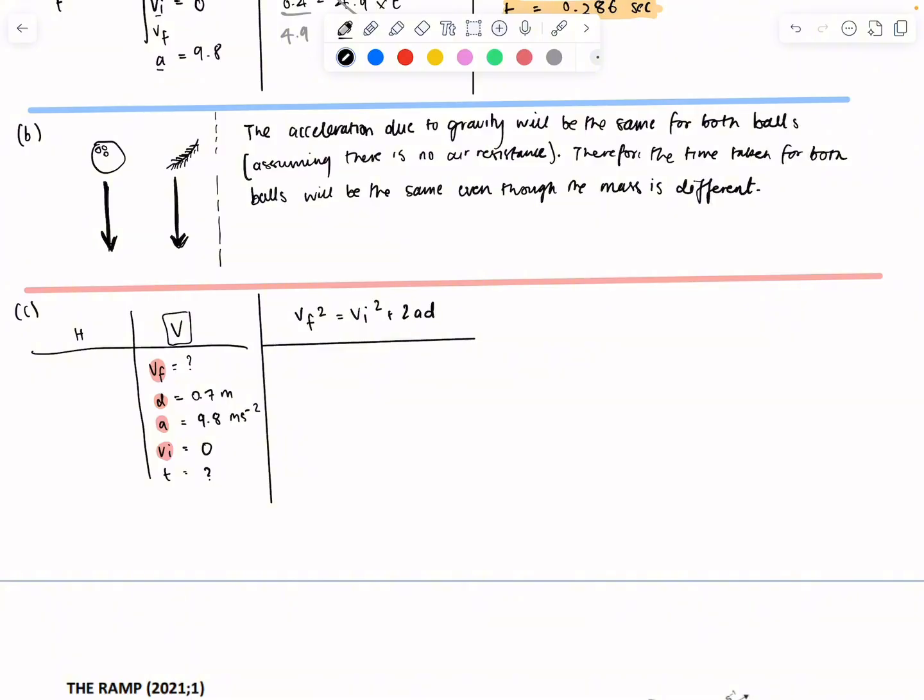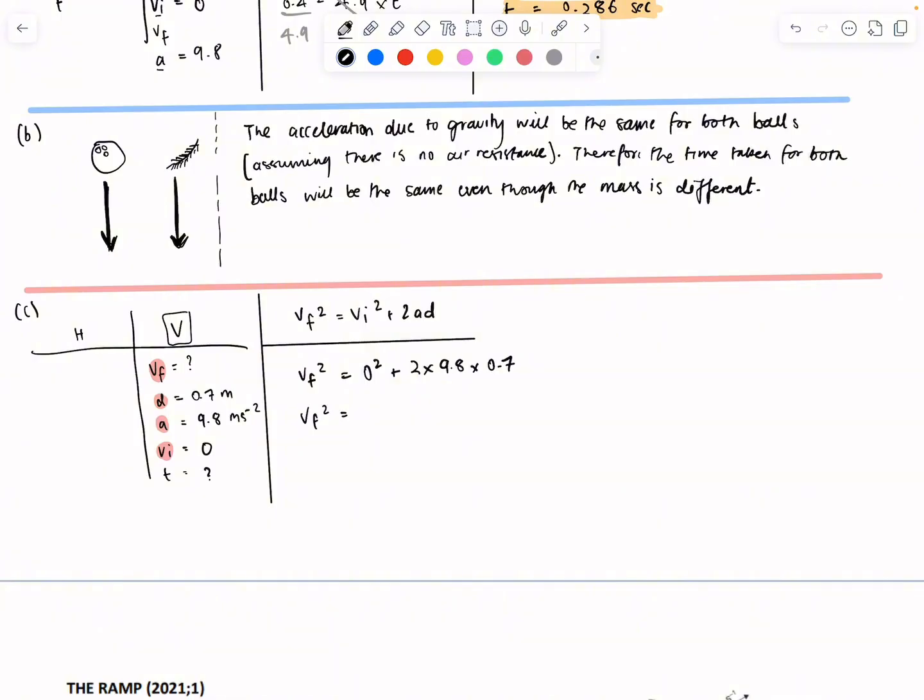We can substitute everything that we have. So Vf squared. What's our final velocity? This is what we're trying to find, so we don't substitute anything into that. Initial velocity is 0 plus 2 times 9.8 times the distance of 0.7. Okay, let's simplify this thing. So Vf squared, 0 squared is nothing, so we don't have to include this in the equation, plus 2 times 9.8 times 0.7.